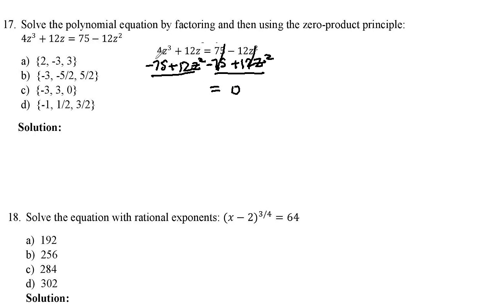On the left hand side, we've got that z cubed. We've got plus 12z squared, and then plus 12z. Got to move our 0 over. And then minus 75.